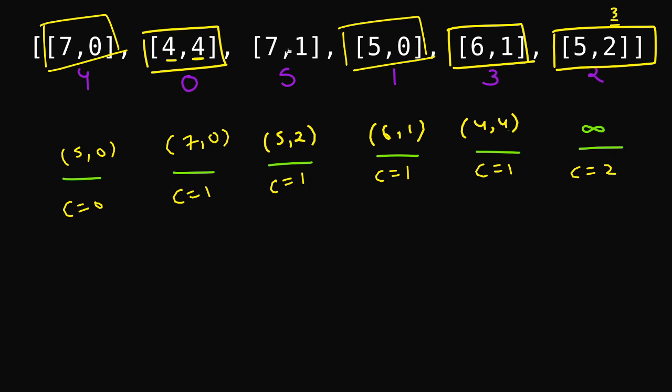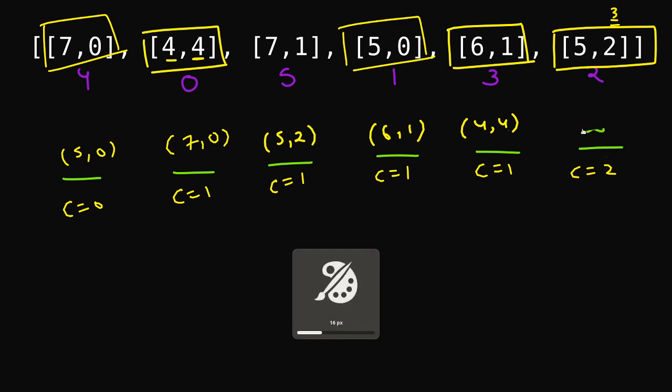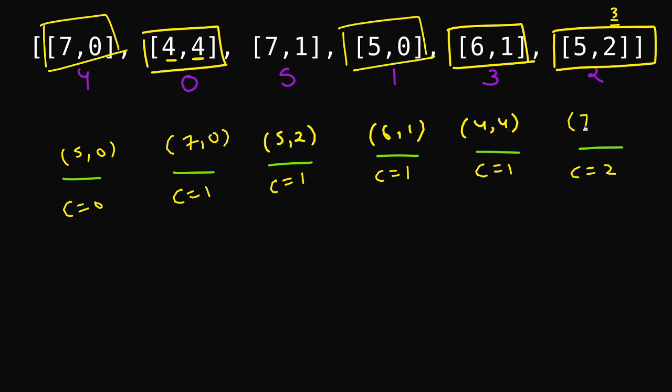Again, why? Because only one person should be there in front of this 7 who is having the height of greater than or equal to 7. So this should be positioned at the second place. So I'll just put 7 comma 1 here, and this is the answer that we obtain from this given input.